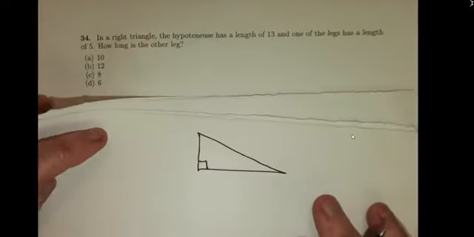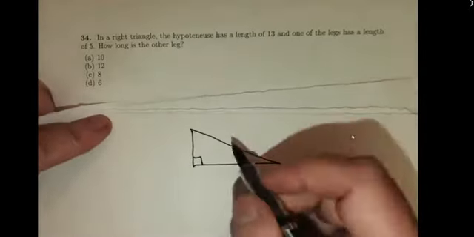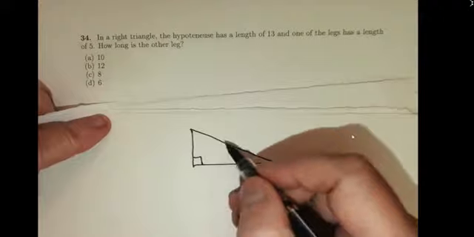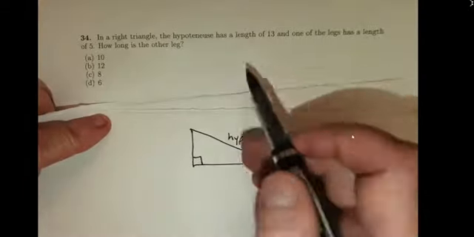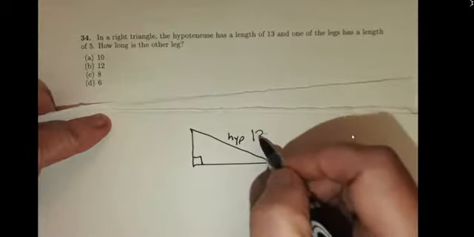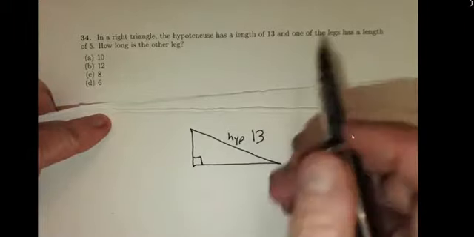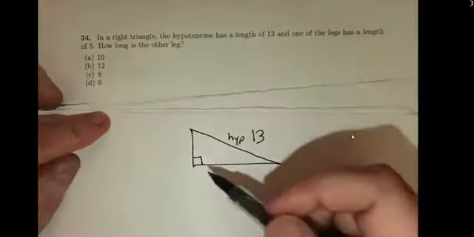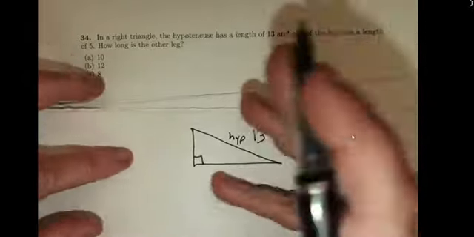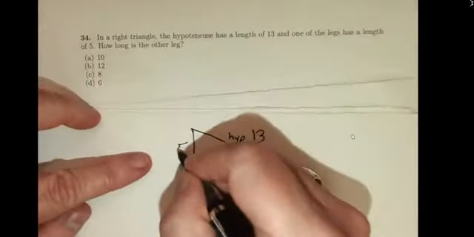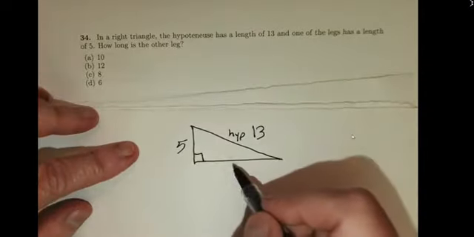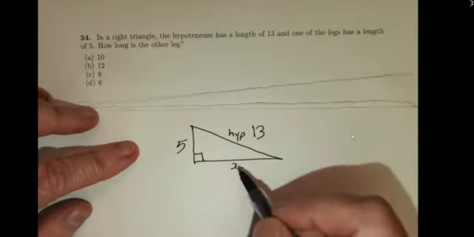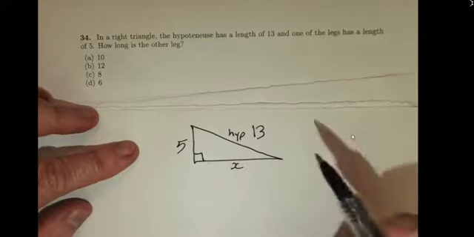So if I have a right triangle, the hypotenuse is the side just opposite the right angle. And we've been told the hypotenuse is 13 and one of the legs has a length of 5. I can assign either one of these a length of 5. How long is the other leg? So if I call that x, they want to know, find x.